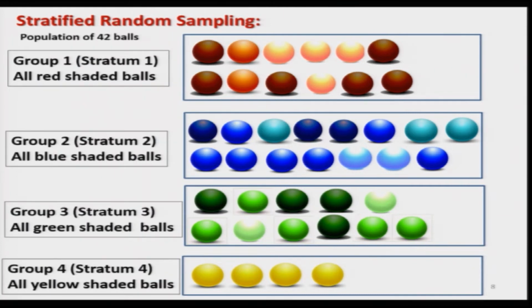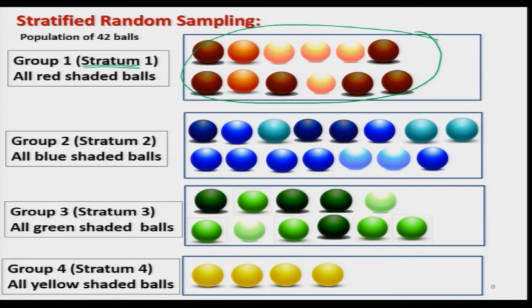These groups are actually called strata in the language of stratified random sampling. This group is my stratum number 1, in which we have red color balls, and those red balls vary with respect to their color within the group also.